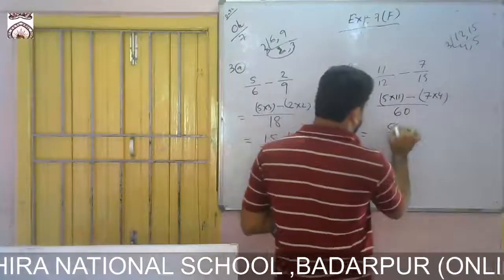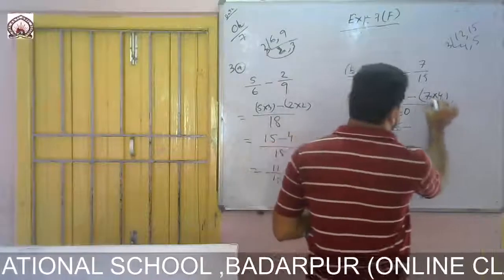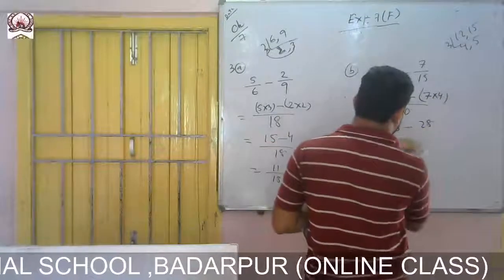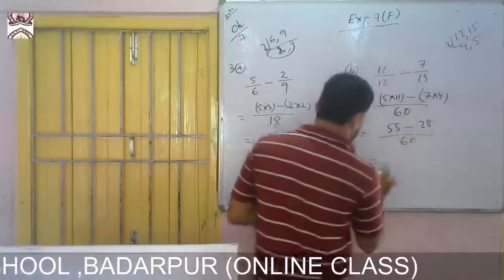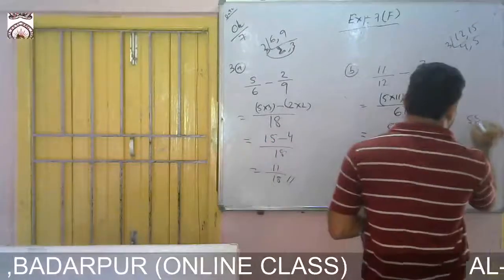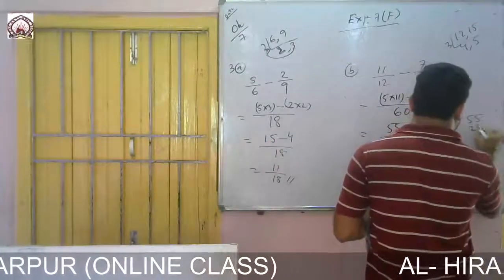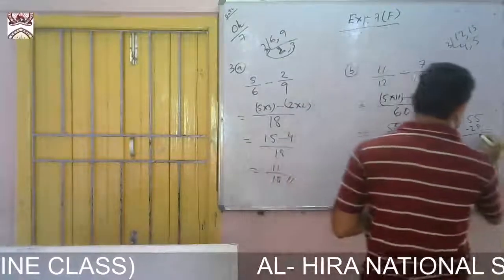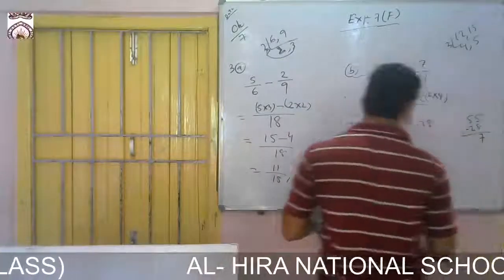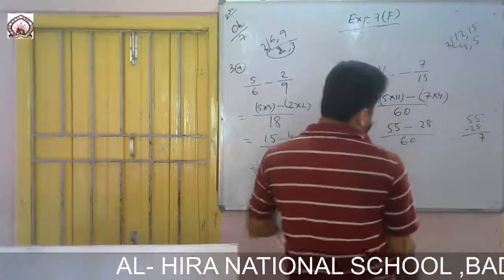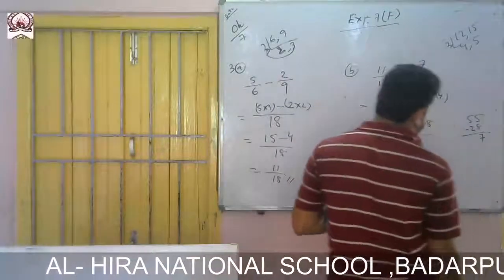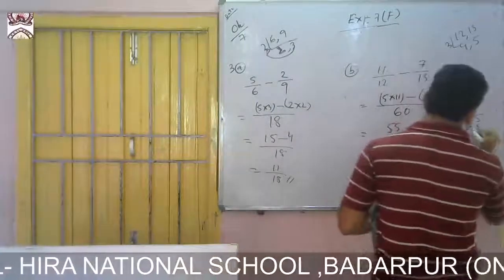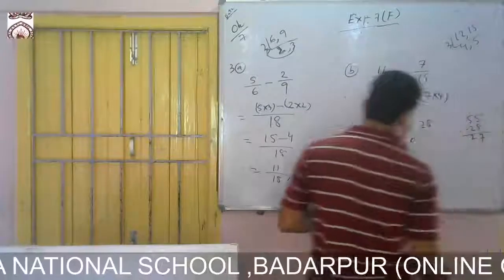Okay, so 55 minus 28 by 60. 55 minus 28 is 27.